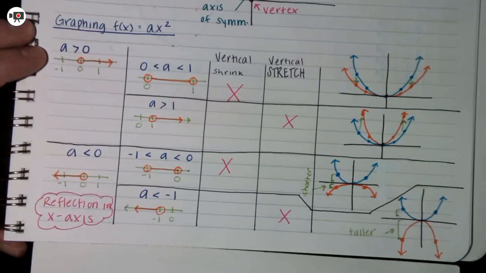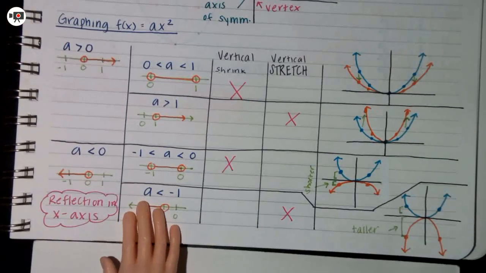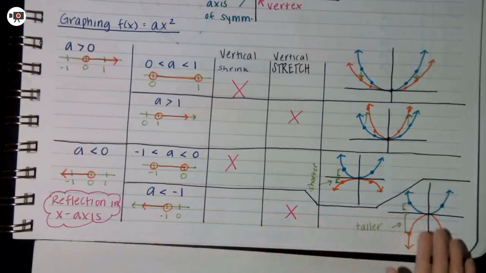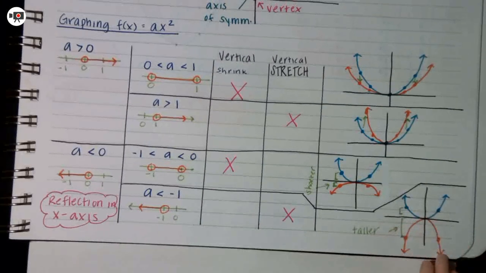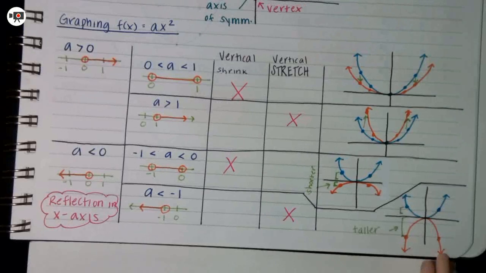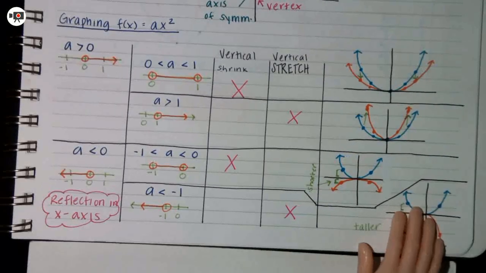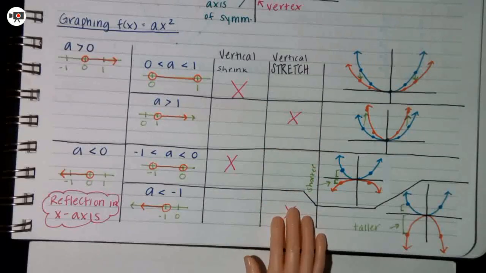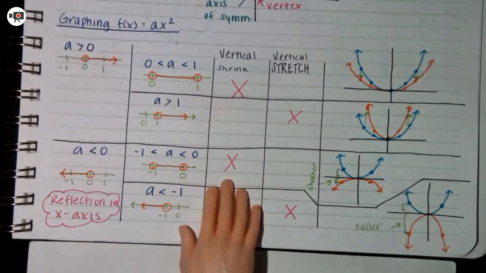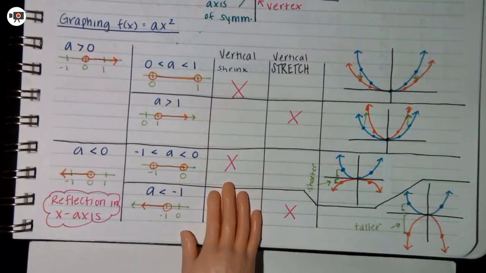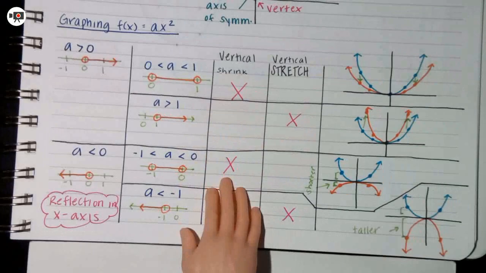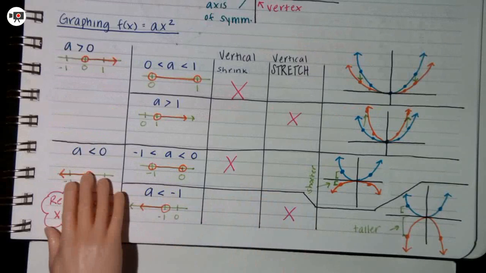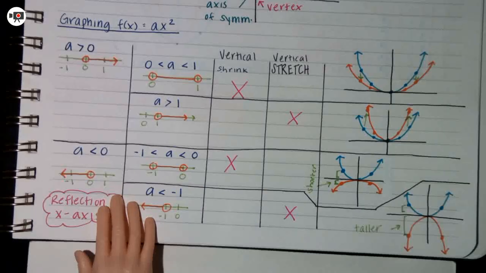And then if a is less than -1, it will be a stretch where the y values get further away from the x-axis in comparison to the parent function. So stretches get taller and skinnier, shrinks get shorter and wider. If the number is less than 1, it is a shrink. If the number is greater than 1, it is a stretch. Negative makes it go upside down.